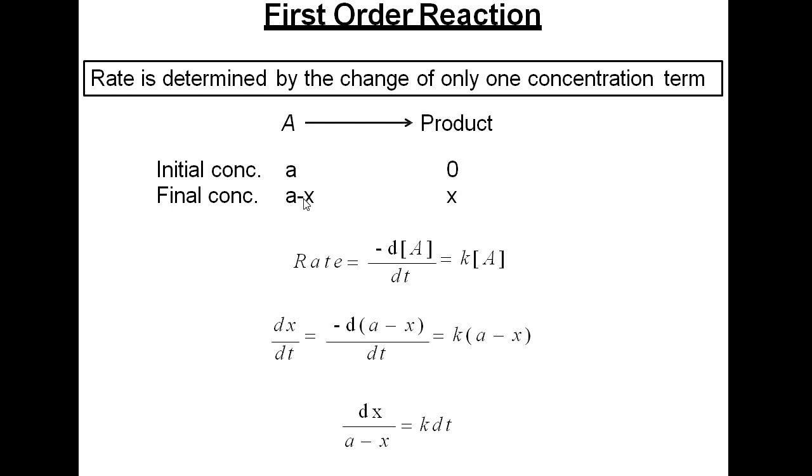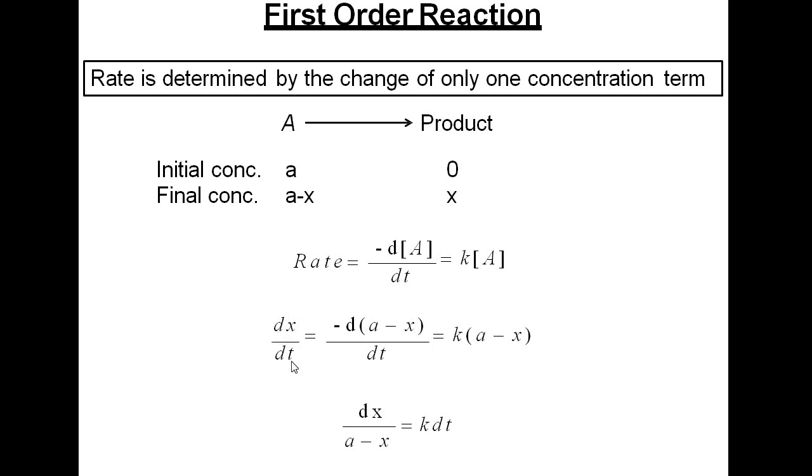After time t, concentration of product will be x, and respectively concentration of reactant will be a minus x. Then apply rate law. Rate is equal to minus d[A] upon dt, which is equal to k into concentration of A.